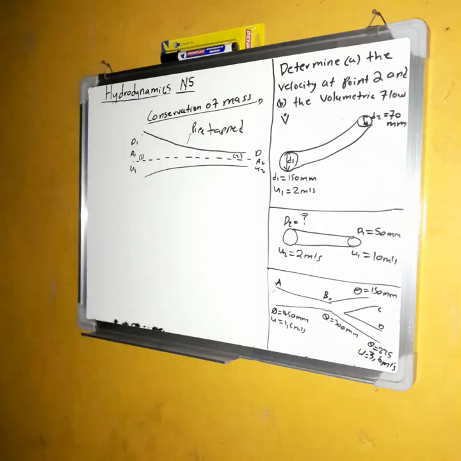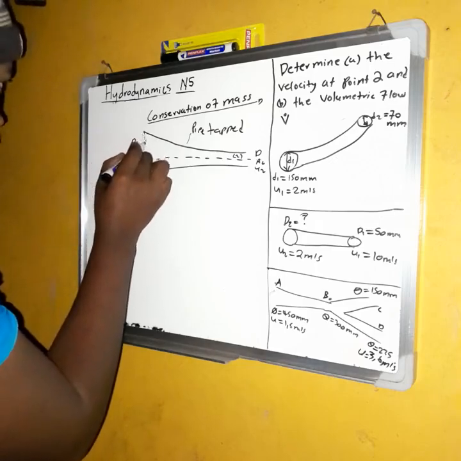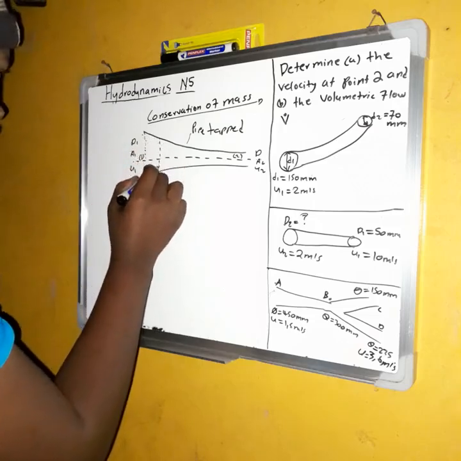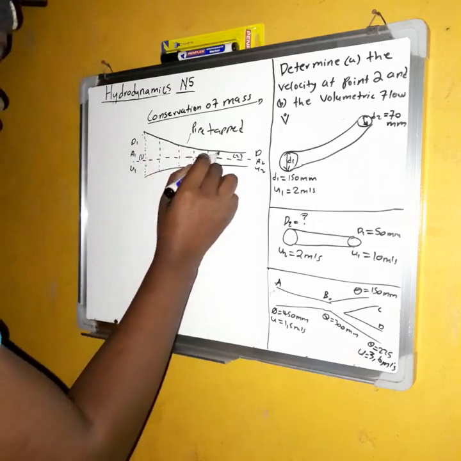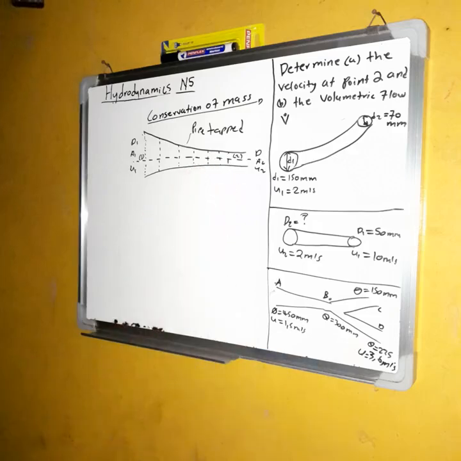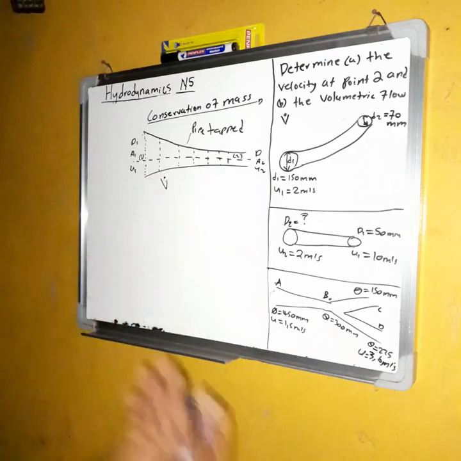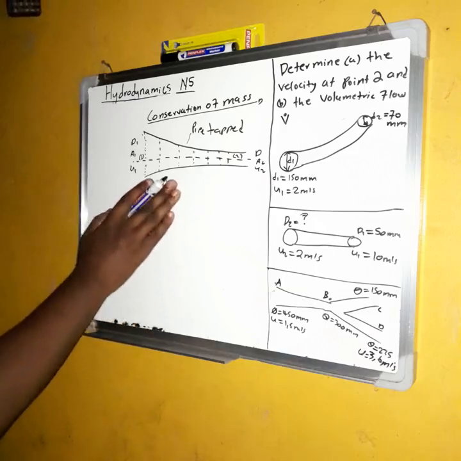If you're given a pipe like this, what you must know from this point here, I'm showing the hidden dotted lines, throughout the V flow, the volumetric flow, is the same, right?